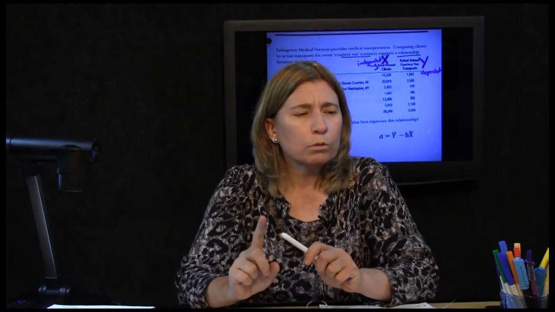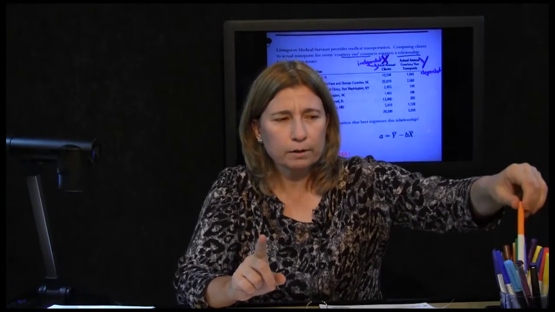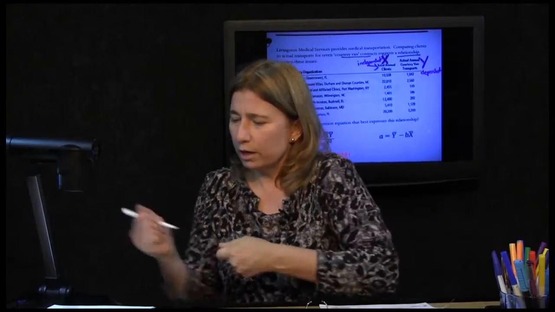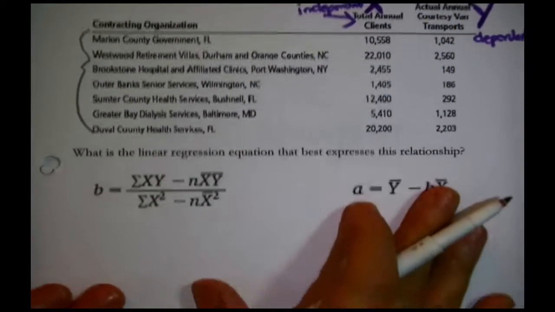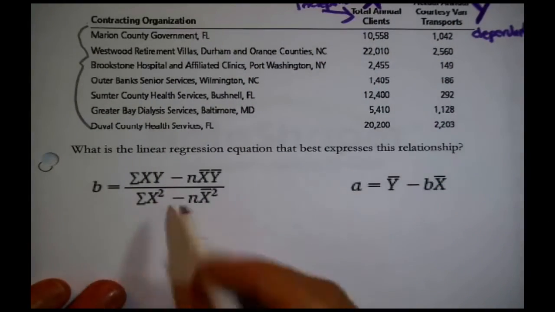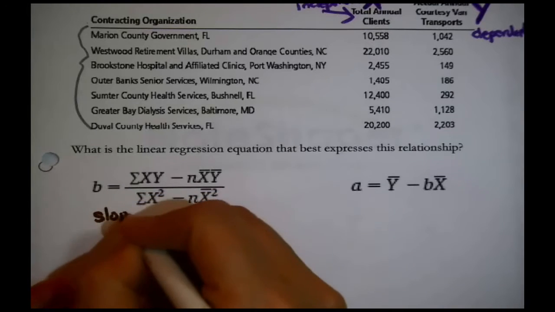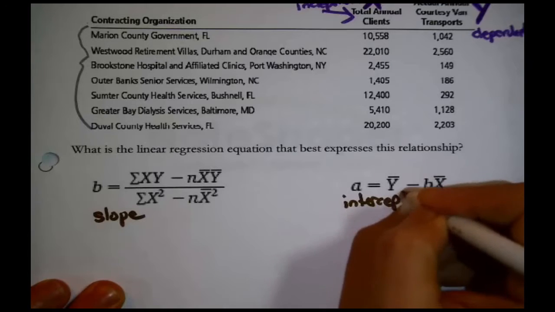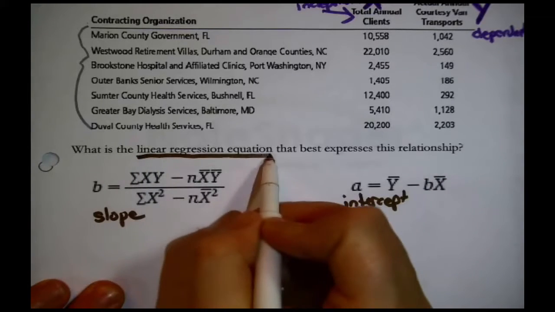The next step might be recognition of another formula that's not pre-printed in the note sheet. What's pre-printed on this note frame is a formula for B, that's the slope of the line, and a formula for A, that's the intercept. But the question is, what's the linear regression equation?